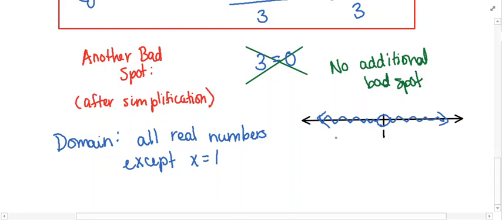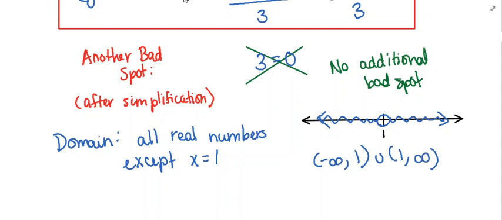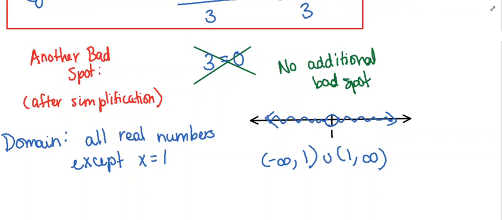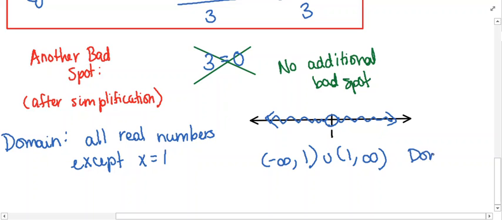So to write this in interval notation, this is going to be negative infinity. We get stopped at 1, throw it out with a parentheses, pick up on the other side of 1, exclude it with a parentheses, go off to infinity. So here is the domain of g of f.